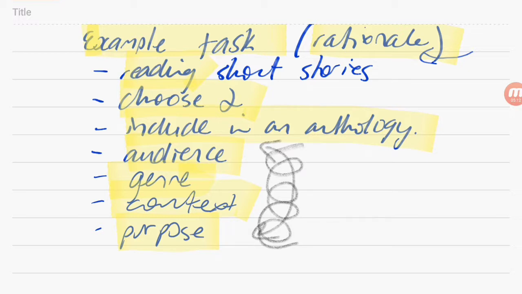Might be the perfect place, a coffee table, where he knows that people with mental illness are going to be arriving, and whilst they're waiting for an appointment, a worthwhile experience would be to read some of these stories. So these are the sort of things that we're looking at. So again, step 1, develop an example task.